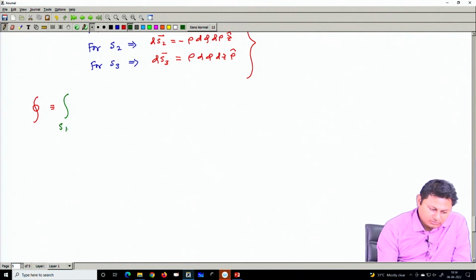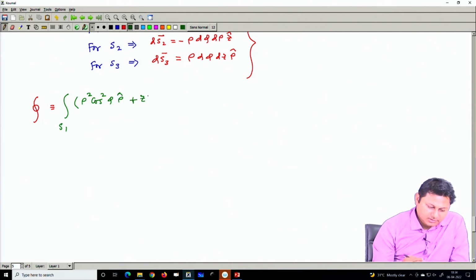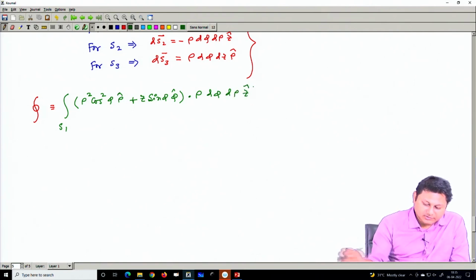Surface 1: the field, which is rho square cos square phi rho unit vector plus z sin phi phi unit vector, dot ds, which is rho d phi d rho z unit vector, that is surface 1.